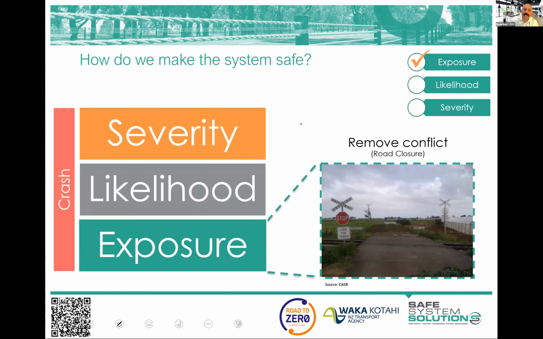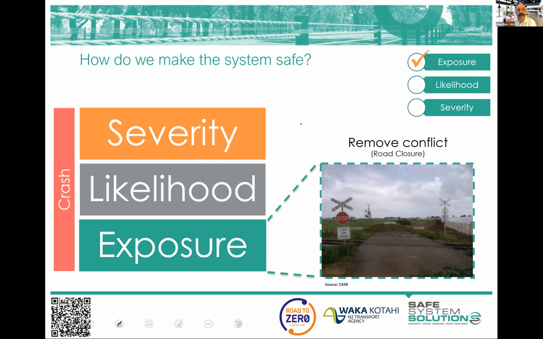But the exposure is all about the number of people exposed to that crash type, be that pedestrians, cyclists, motorcyclists, cars, or the like. So really the only way to impact your exposure is to make people not exposed to it.